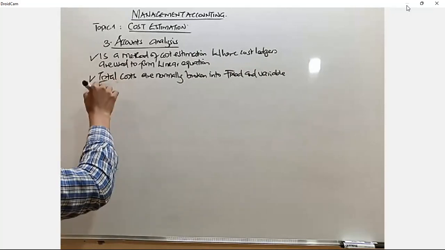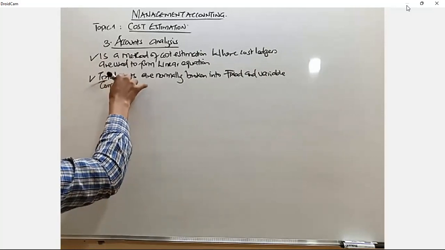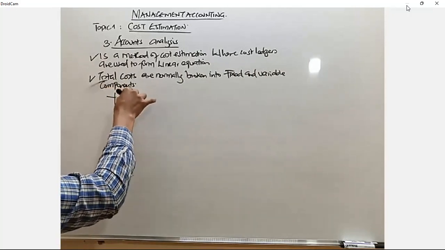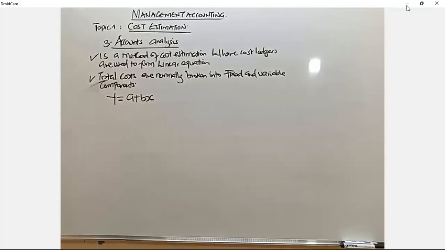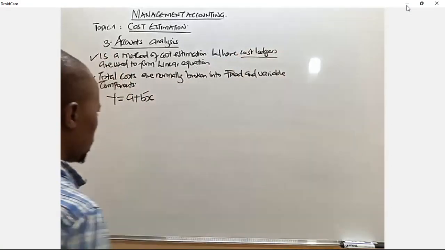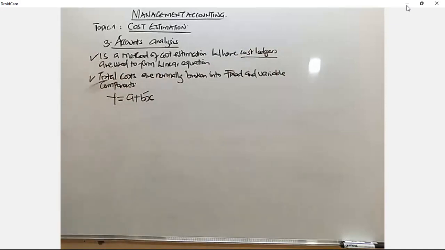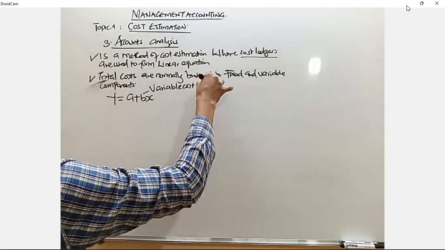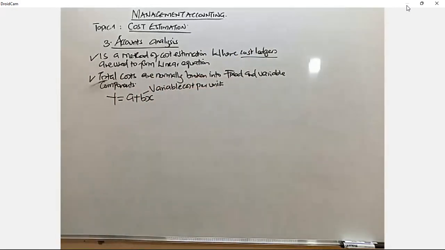So regardless of the method used, I will be able to formulate my equation in the form y is equal to a plus bx. But the tricky part of account analysis is that because you are using the cost ledgers, what you are going to get is the total variable cost. But our B is the variable cost per unit. What am I going to do to solve that problem?